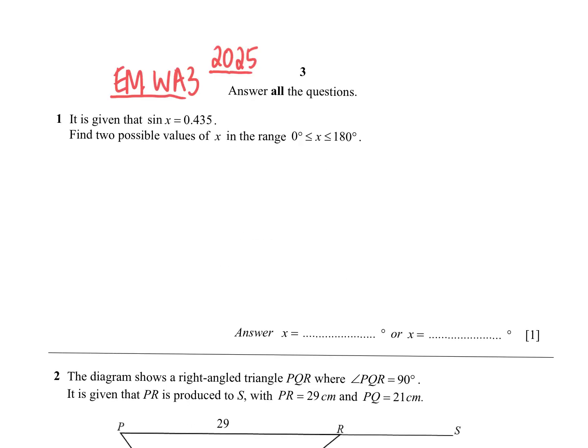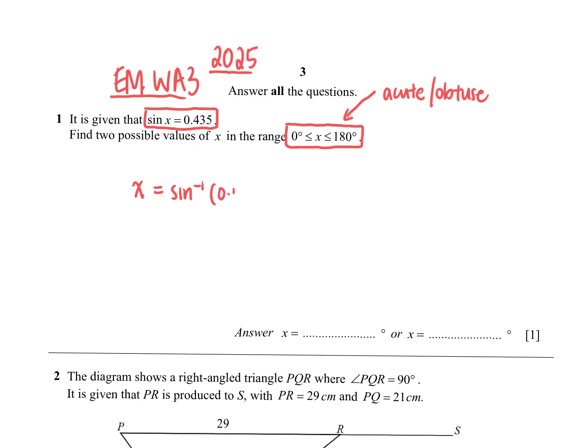If you see question 1 that looks like this, and they tell you that it can be acute or obtuse, and it's sine, you know you have 2 possible answers. So you take sine inverse of 0.435.